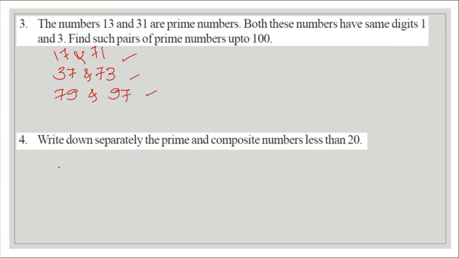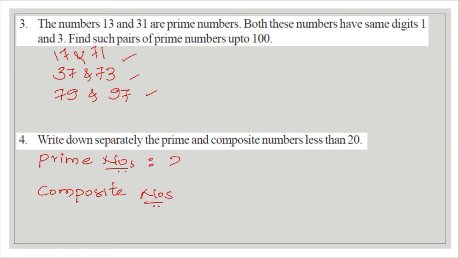Let us look at the next question, question number 4. For the fourth question, we need to write the prime numbers and the composite numbers less than 20. So let us write separately prime numbers and the composite numbers.